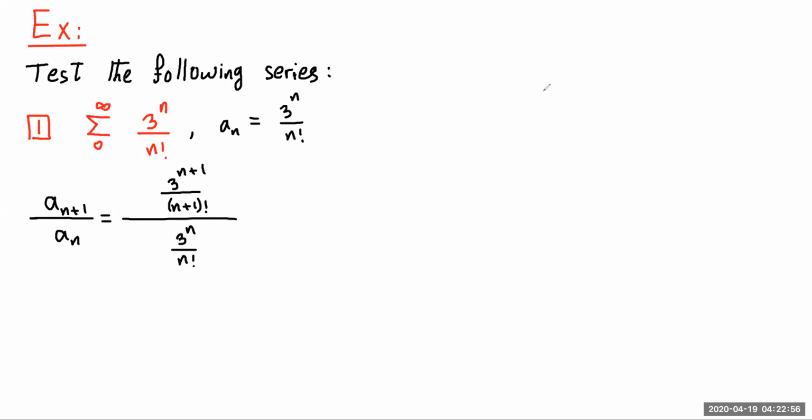What is the meaning of factorial? Let's write here in blue. 3 factorial is 3 times 2 times 1. And 4 factorial is 4 times 3 times 2 times 1. If we divide 4 factorial over 3 factorial, we will have 4.